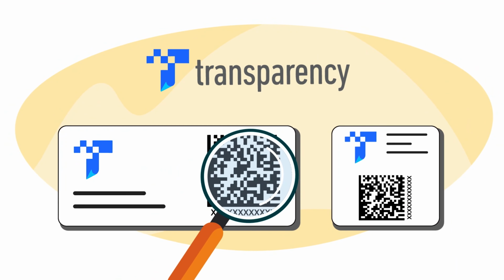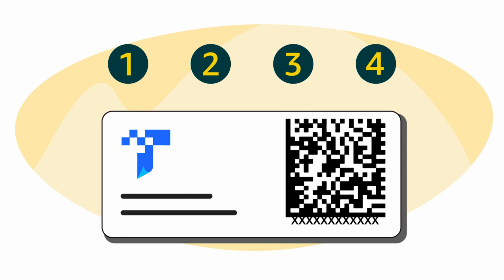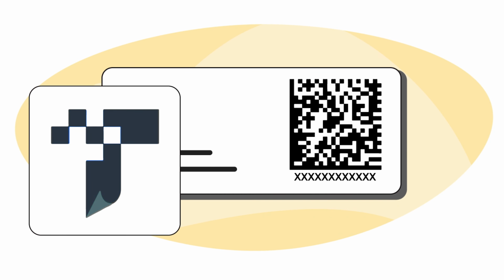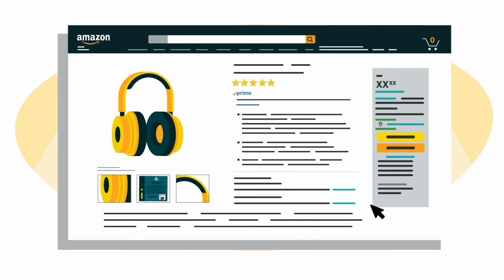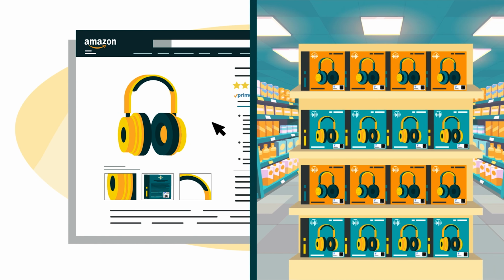Let's first review transparency codes and labels. Here are the four main components of all transparency labels. A blue or black transparency logo, which doesn't include Amazon branding and can be used on products you sell both through Amazon and other sales channels.